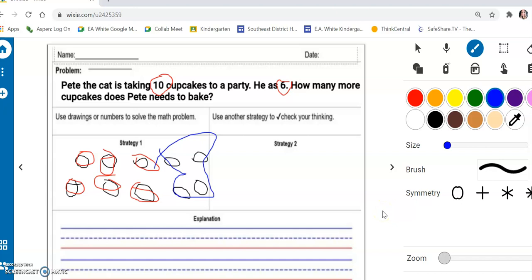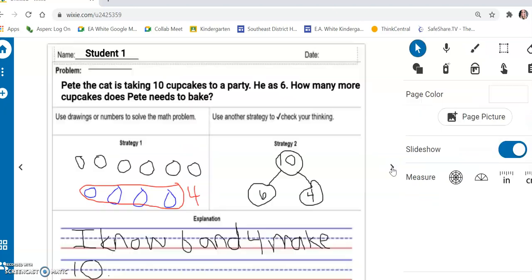As the teacher or the facilitator, I would not complete the Strategy 2 box. Instead, I would encourage my students to complete it on their own while I walk around and check for their understanding. I would then provide students the opportunity to share the way in which they solved this math problem with the class.